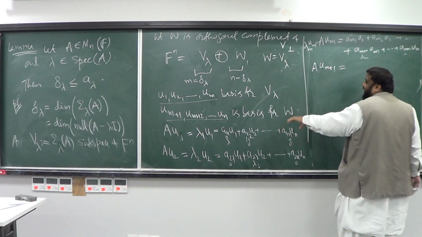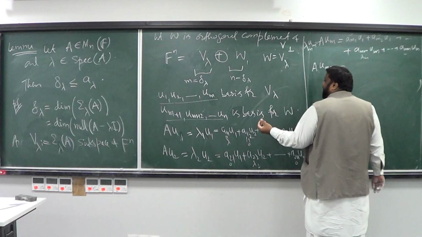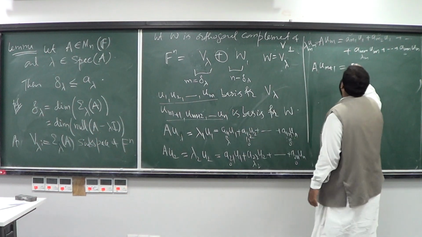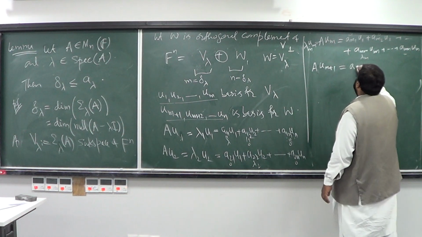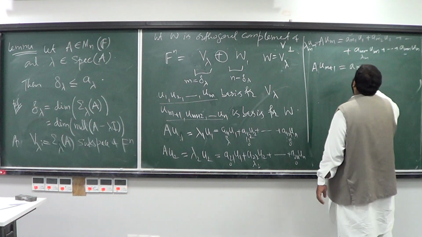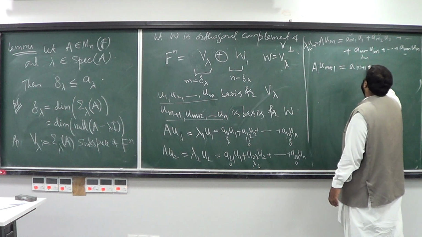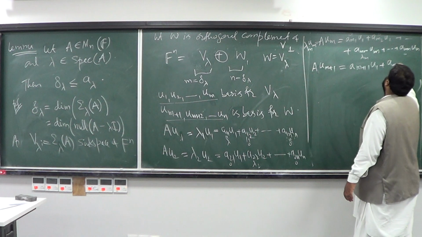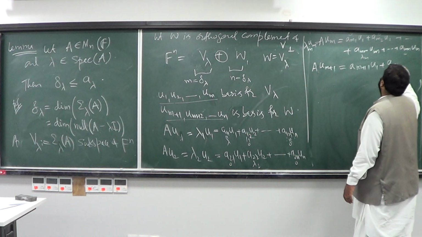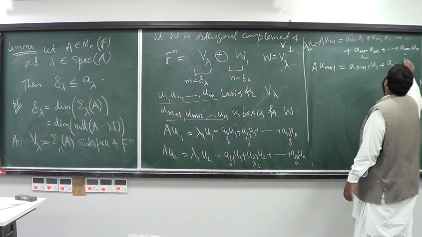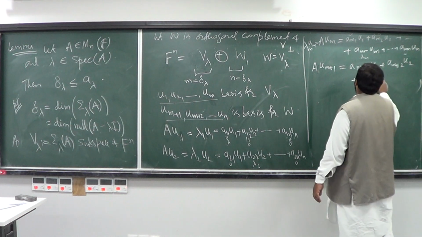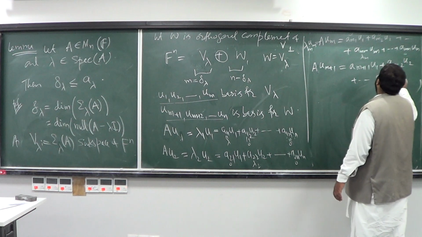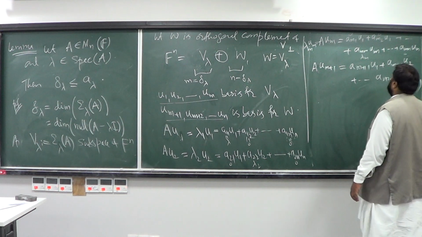AU_(m+1) is an element in F^n, and you can again write it as a linear combination of these vectors. So let's say these are a_(m+1),1 u_1 plus a_(m+1),2 u_2 plus so on and so forth, and a_(m+1),n u_n.